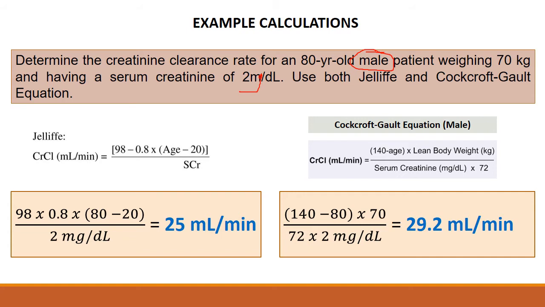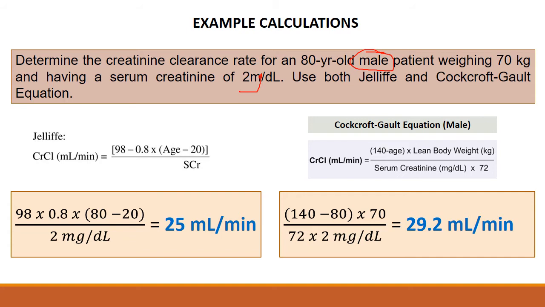First you are going to replace the age. So we have 80 minus 20, which is 60, and then 98 minus 0.8 times 60 divided by 2 milligrams per deciliter. Our answer would be 25 ml per minute.